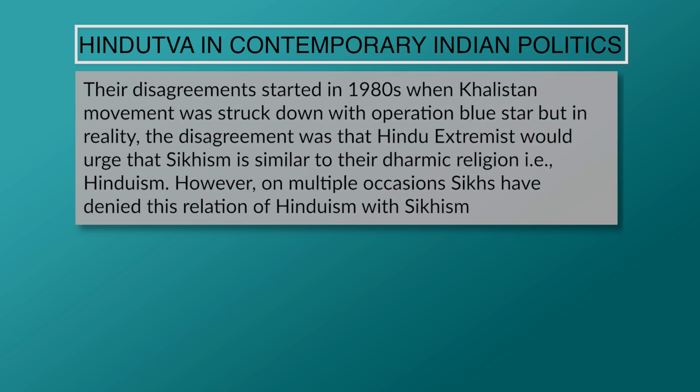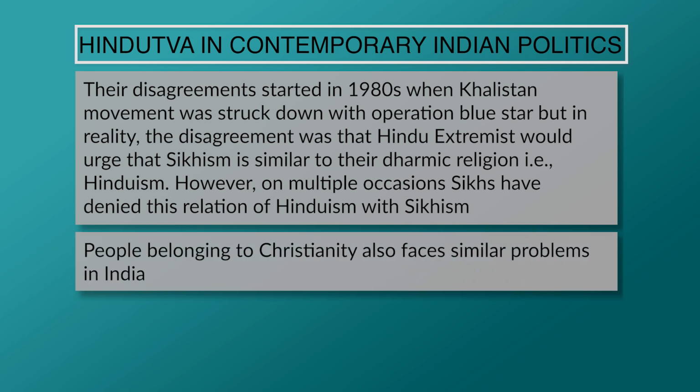The disagreement started in the 1980s with the Khalistan movement that was struck down by Operation Blue Star. But in reality, the disagreement was that Hindu extremists would urge that Sikhism is similar to their dharmic religion, that is, Hinduism. However, on multiple occasions, Sikhs have denied the relationship with Hinduism.